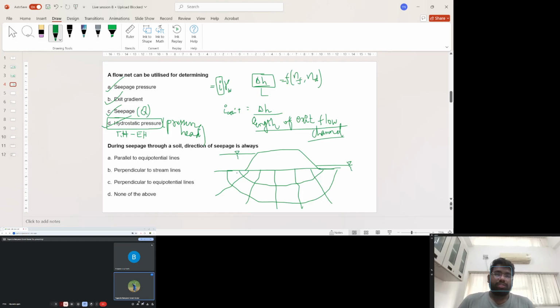So the horizontal lines are flow lines, right? Flow lines. And the space between two horizontal lines is a flow channel. And the lines meeting perpendicularly, that is, lines intersecting the flow lines perpendicularly, are equipotential lines, right?